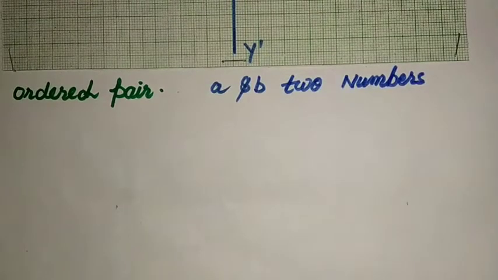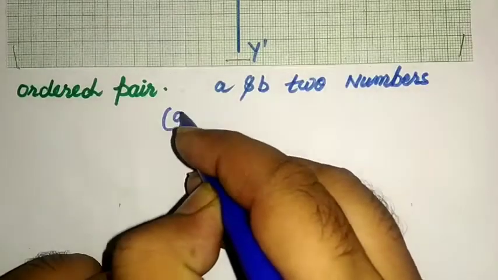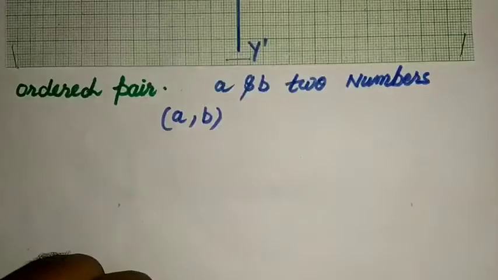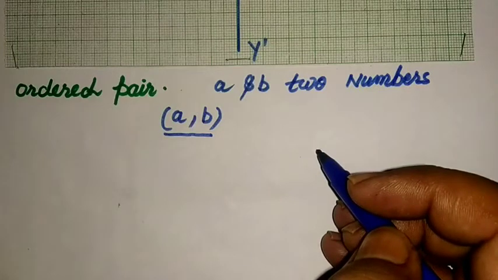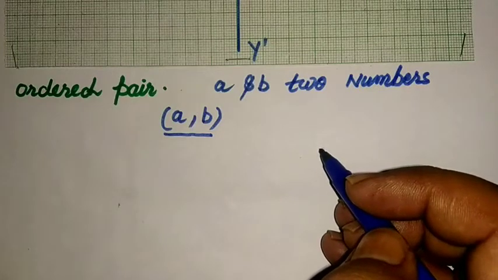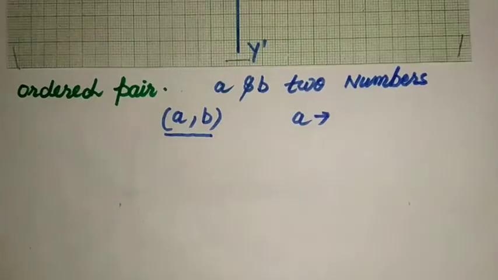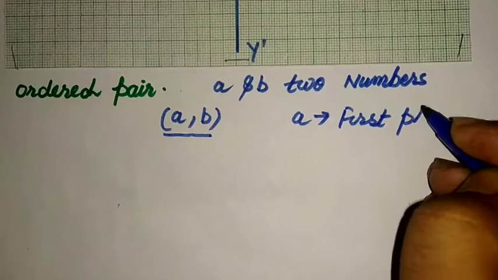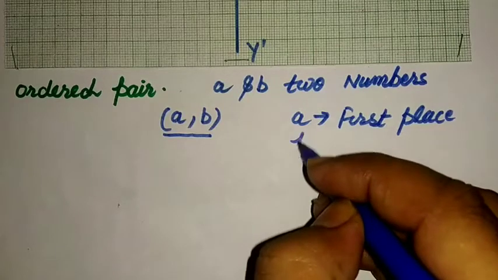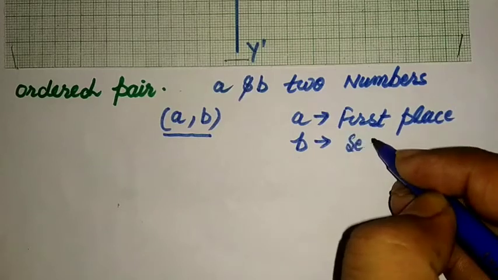If we arrange two numbers in such a way in a specific order, it is an ordered pair, we can say. A is at the first place, and B at the second place, we can say.